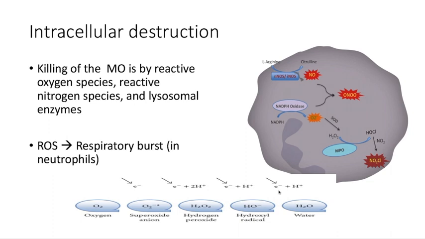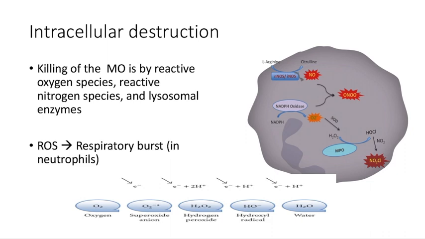So we talked about free radical damage, and we mentioned that in the inflammatory response, we have this respiratory burst, or leukocyte burst is what it's called. This is what happens with neutrophils. So what happens here is the reactive oxygen species is produced by the rapid assembly and activation of a multi-component oxidase.